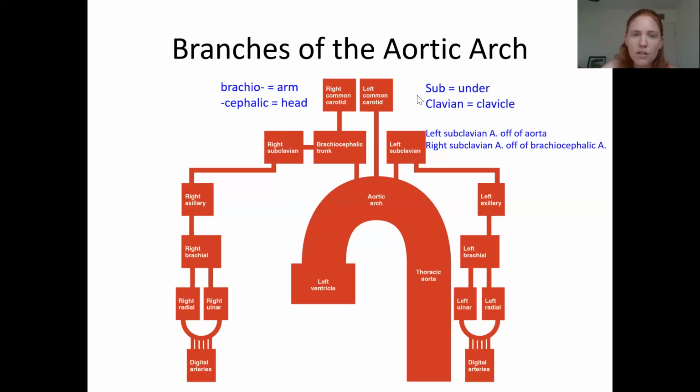Okay, so let's talk about what this word common means. It'll come up later, but I just wanted you to understand what it means. Anytime the word common is in an artery name or in a blood vessel name, it just means that it's going to branch into an external and an internal artery. That's all it means.